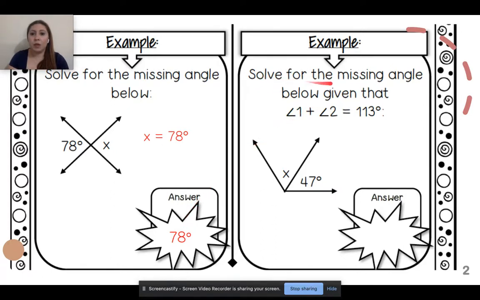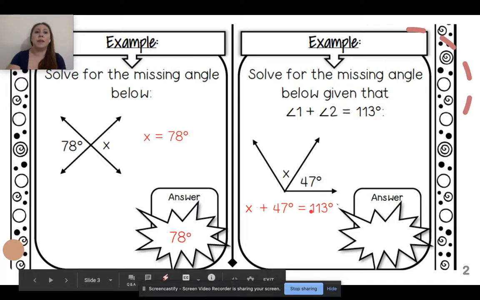Anyway, solve for the missing angle below, given that angle 1 and angle 2 equal 113 degrees. Does it matter which is angle 1 and angle 2? No. It's just letting me know that this angle right here and this angle right here, if I add them together, give me 113. So I'm going to take the X and the 47, add them together, and have them equal 113.